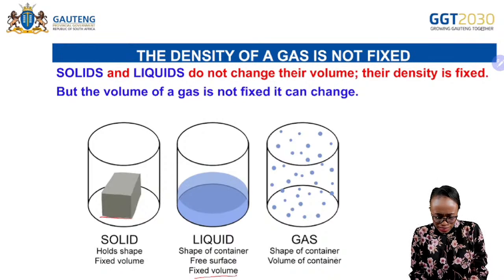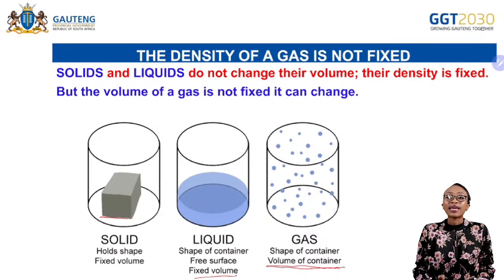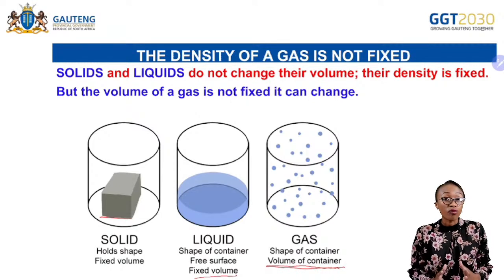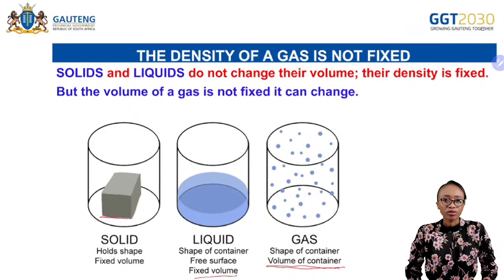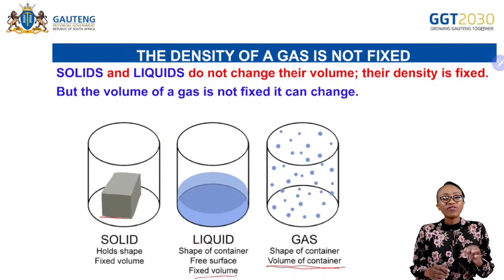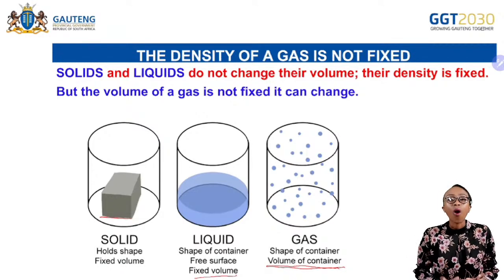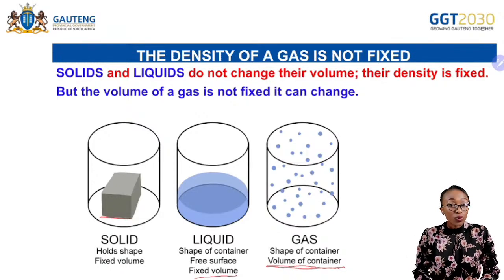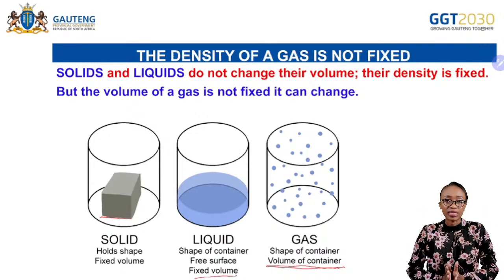But when it comes to the volume of a gas, the gas always takes up the volume of the container. What do I mean? Say I have a 500 milliliter bottle, and I fill it up with gas. If I take that same gas and transfer it into a 1 liter bottle, the gas is going to fill up the entire available space.